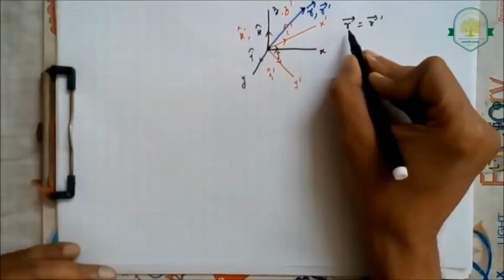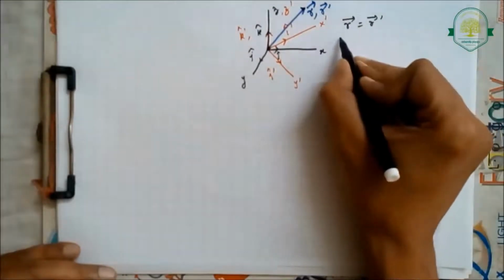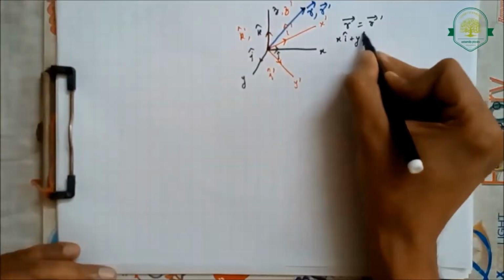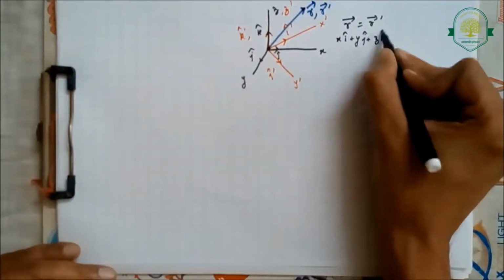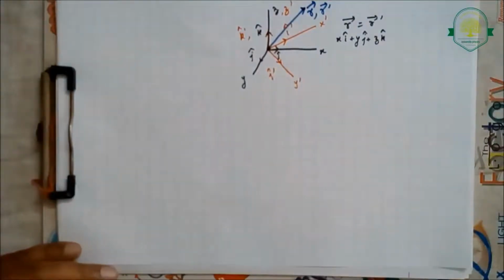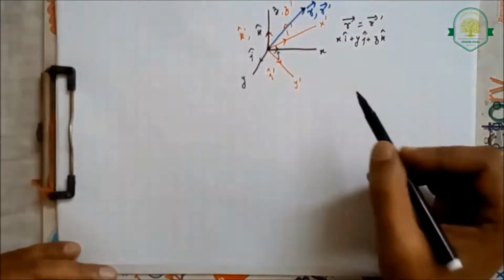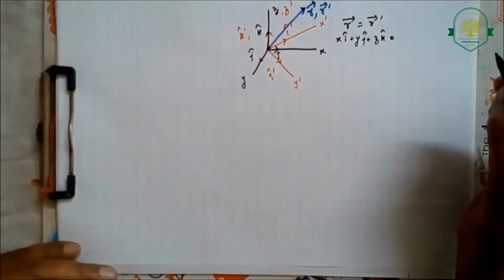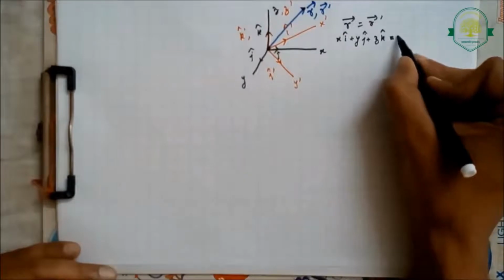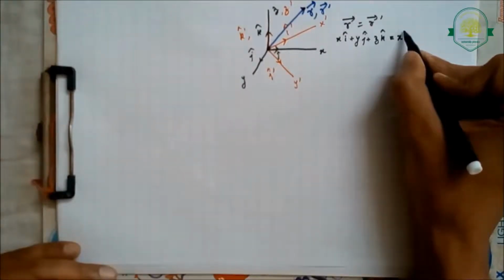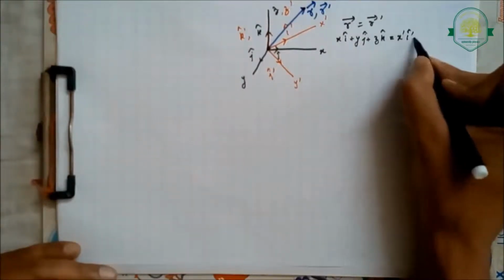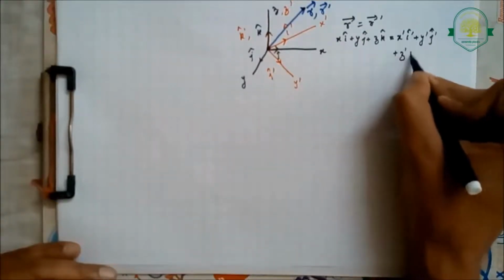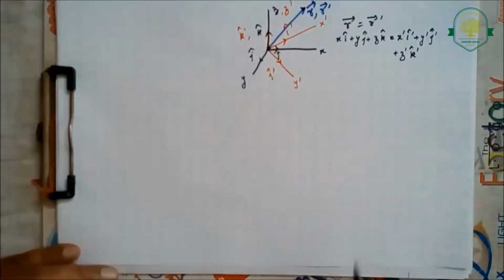Now, in general, from the unprimed frame, we can say that r vector is x i cap plus y j cap plus z k cap, if the coordinate of this point is x, y, z as seen from the unprimed frame, and in the primed frame, or the rotating frame, this becomes x prime i cap prime plus y prime j cap prime plus z prime k cap prime.